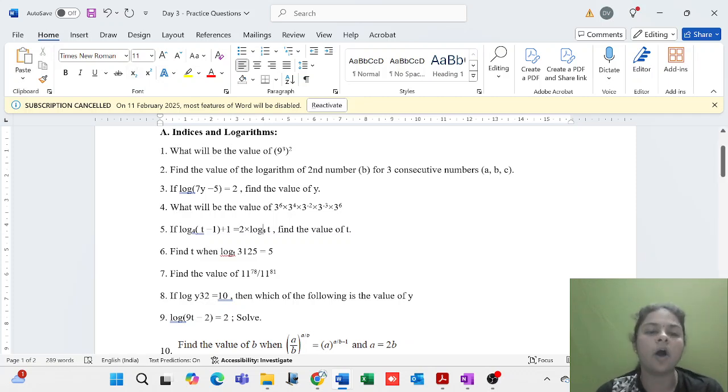If log (t minus 1) to the base 4 plus 1 is equal to 2 log t to the base 4, find the value of t.